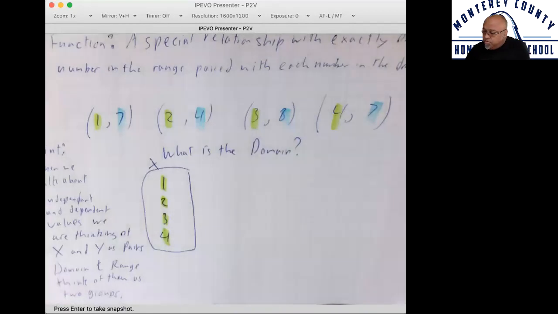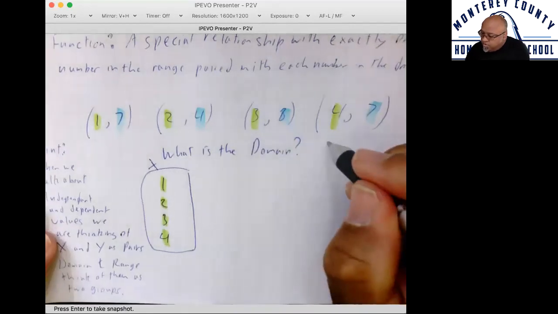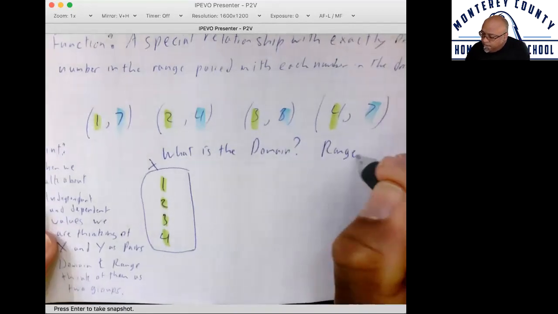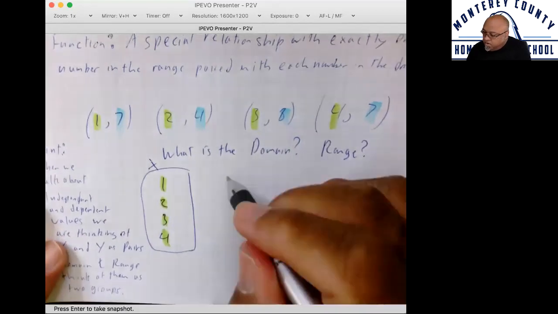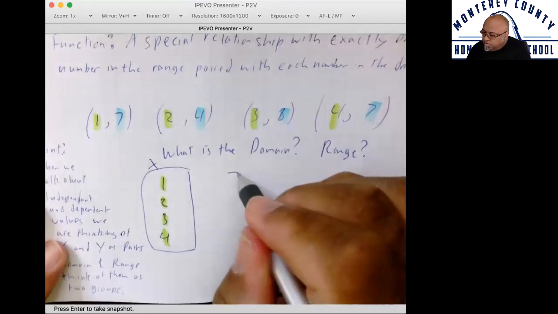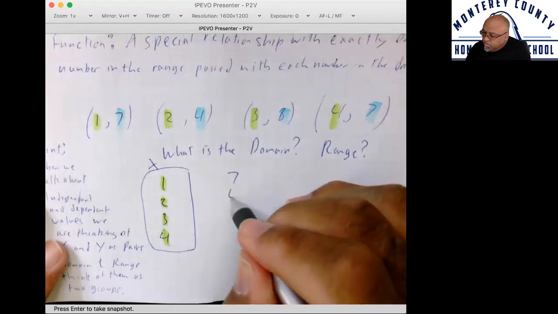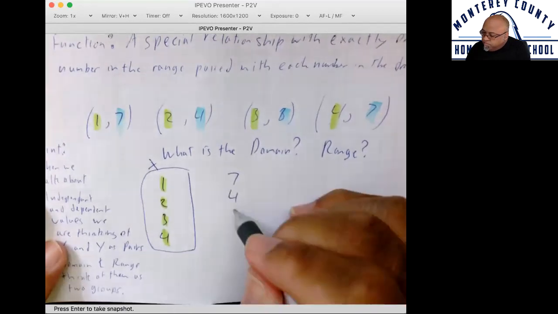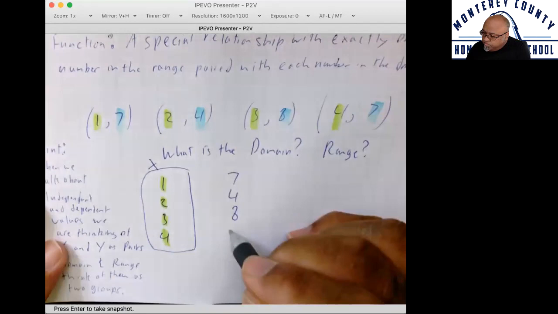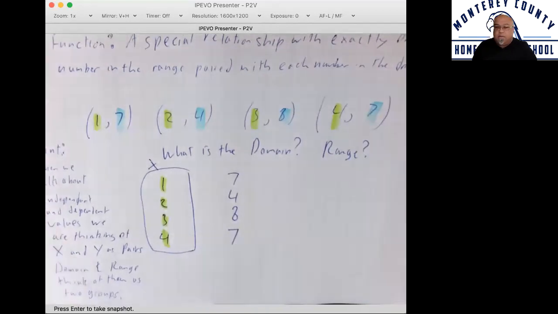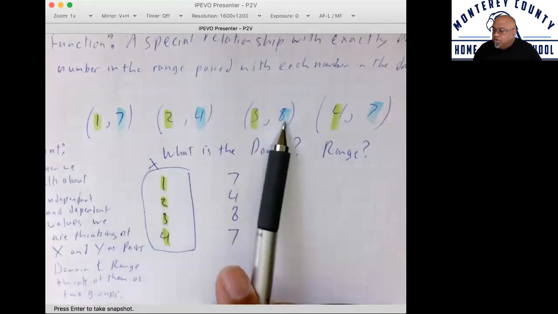Then the question is, what is the range? The range is 7, 4, 8, and 7. Okay. Now, I noticed that the number 7 occurs 2 times.